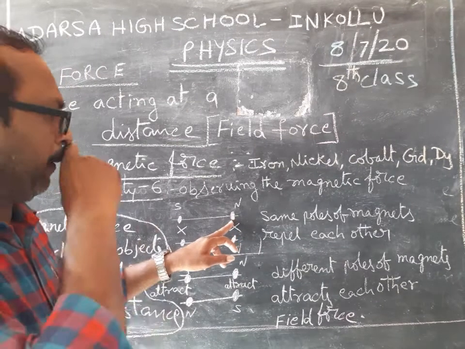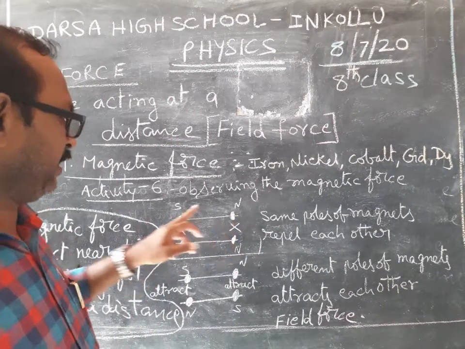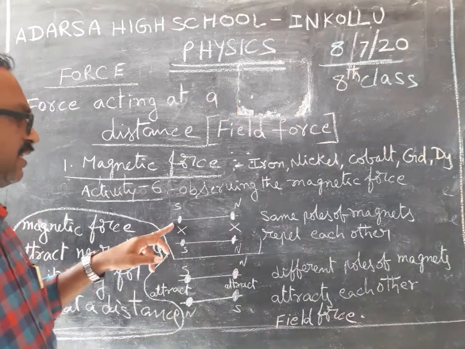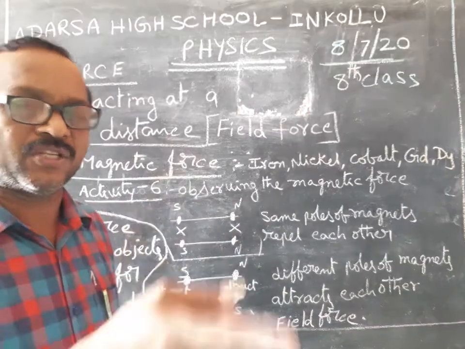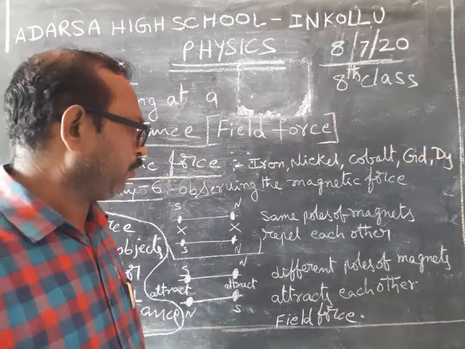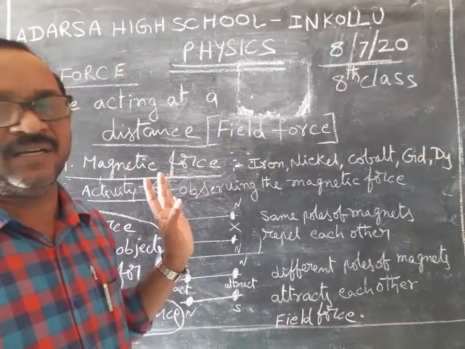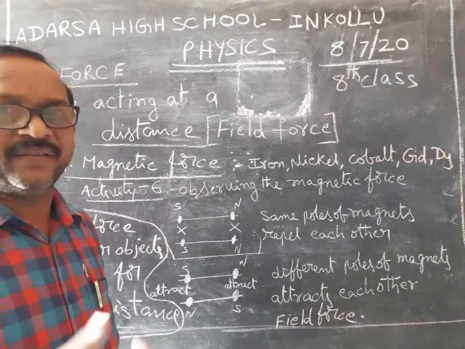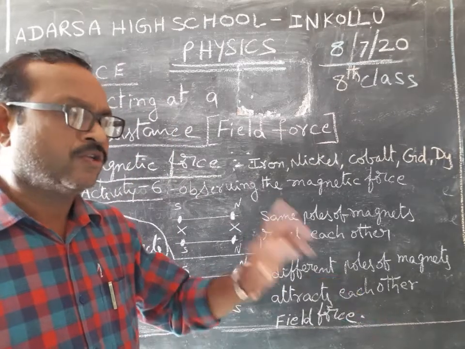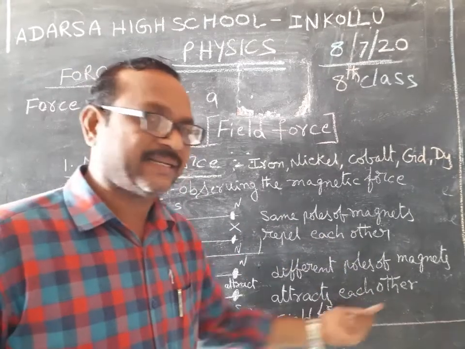The North Pole is represented with red color and the South Pole with white color. Same poles repel each other. Different poles, North Pole and South Pole, attract each other.